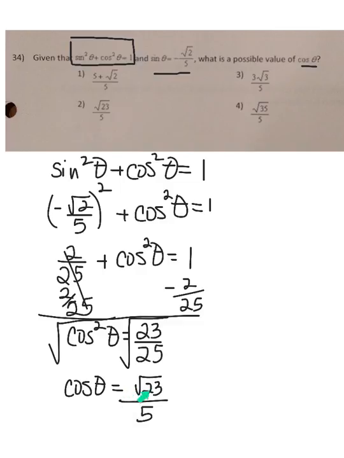And because I really want this to be written in fractional form, because I'm looking at my 4 choices here, the calculator will not convert this decimal equivalent back to the square root of 23. So we tend not to use the calculator for some of this. So I simply just took the square root of 23, write it down, and take the square root of 25, write it down. Okay, and you can see that that answer then is choice 2.